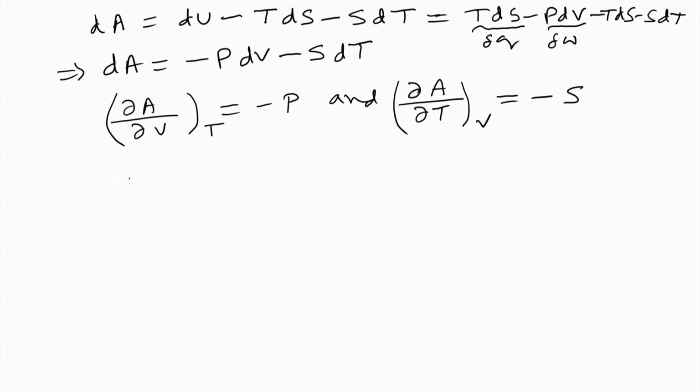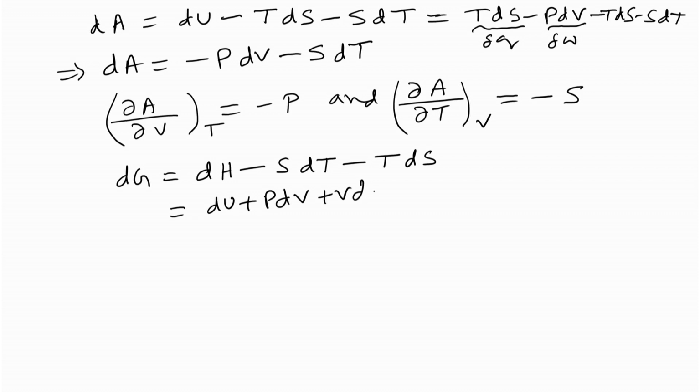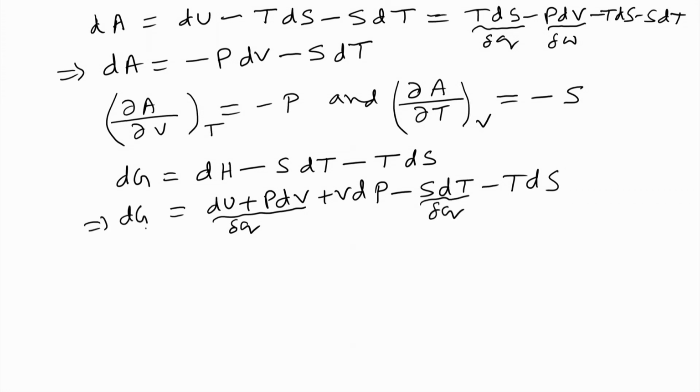And lastly, we know dG is dH minus SdT minus TdS. For H we know dU plus PdV plus VdP, minus SdT minus TdS, and the whole term is nothing but del Q. So we get dG is VdP minus SdT. Oops, sorry, this is SdT, not TdS.